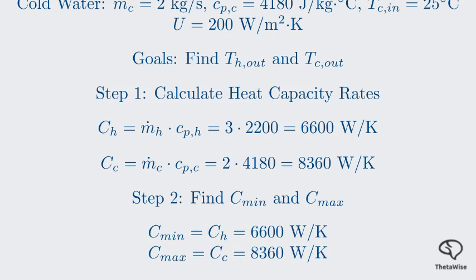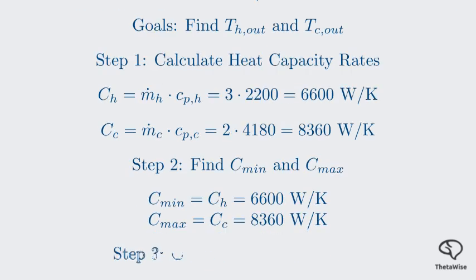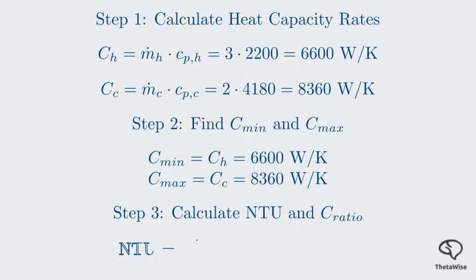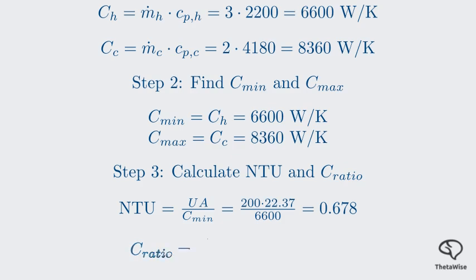Next, we calculate the NTU and the C ratio. NTU is U times A divided by C sub min. That's 200 times 22.37 divided by 6600. This gives an NTU of approximately 0.678. The C ratio is C sub min divided by C sub max, which is 6600 over 8360.